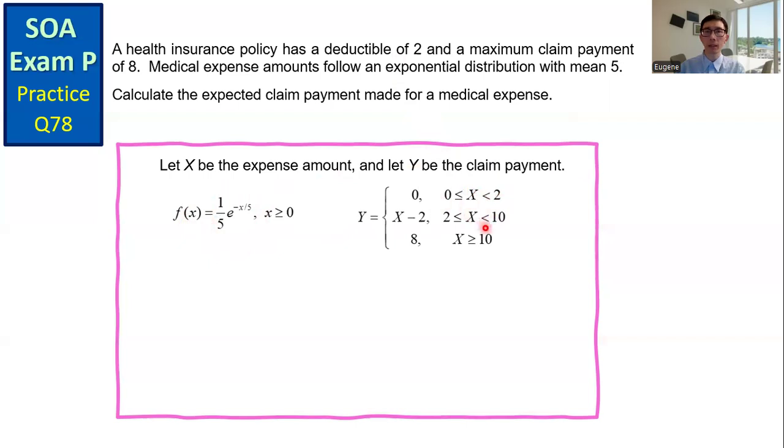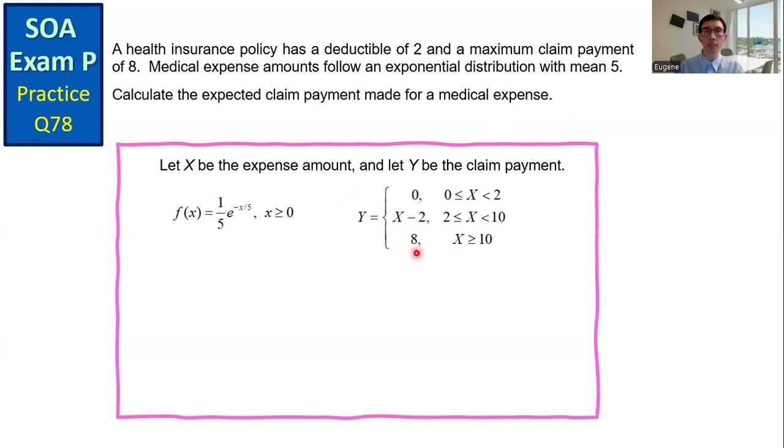If the expense amount is between 2 and 10, the claim payment is the expense amount less 2, which is X minus 2. And if the expense amount is greater than or equal to 10, due to the maximum claim payment of 8, the claim payment is constant at 8.